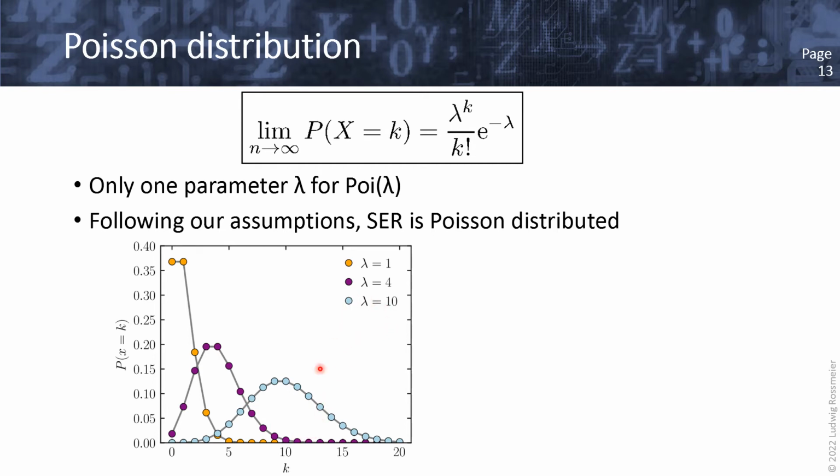Another example is lambda equals 10, and here you could already imagine that an approximation of a normal distribution would make sense. But our intention is to approximate the binomial distribution for low values of bit flips. That means usually small values of lambda.